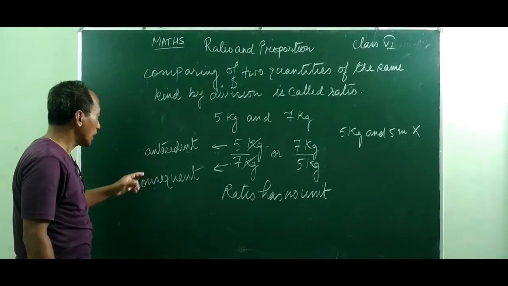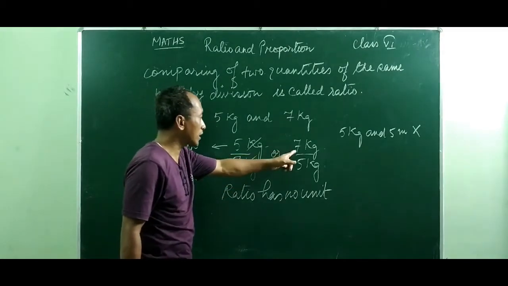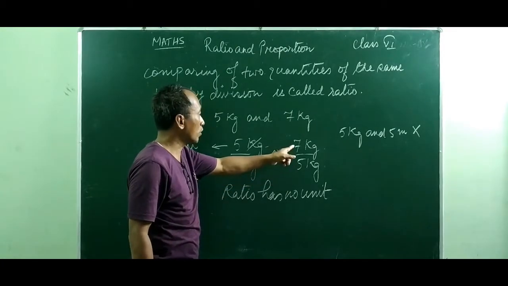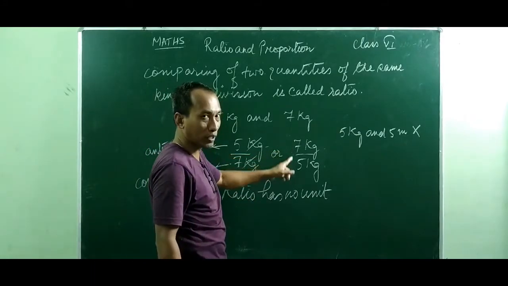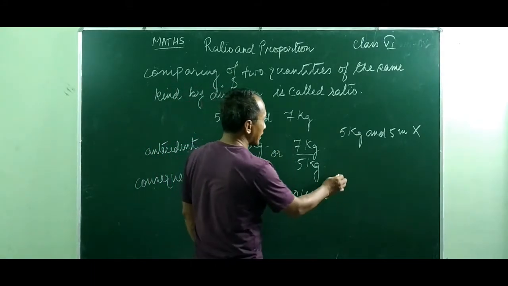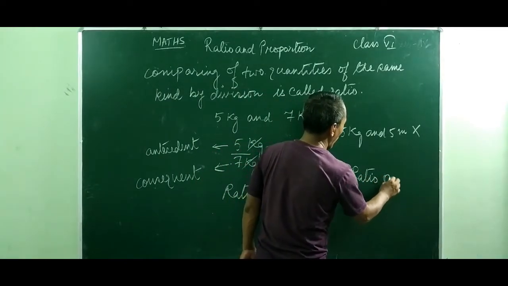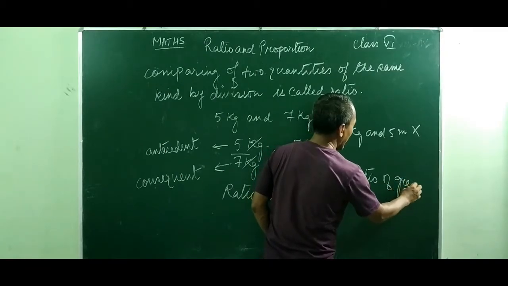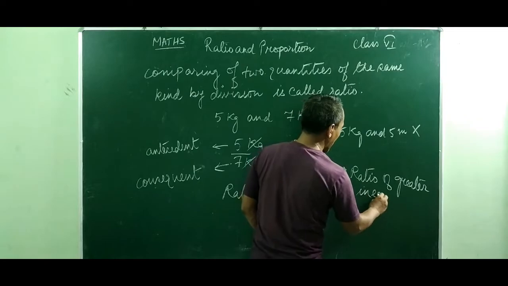Now, if the antecedent is more than the consequent, this is called antecedent, this is called consequent. Here antecedent is more than the consequent, then this is called as the ratio of greater inequality.